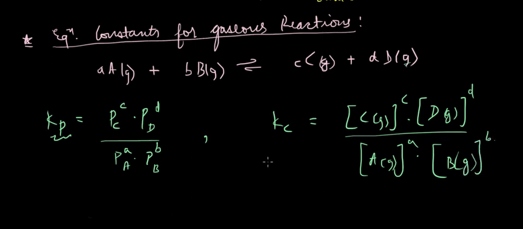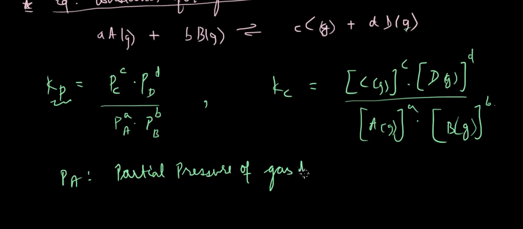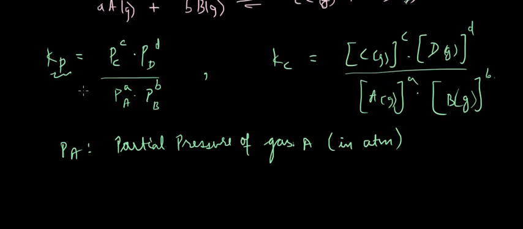So PA is nothing but the partial pressure of gas A in atm, and this is nothing but the equilibrium constant in terms of pressure.